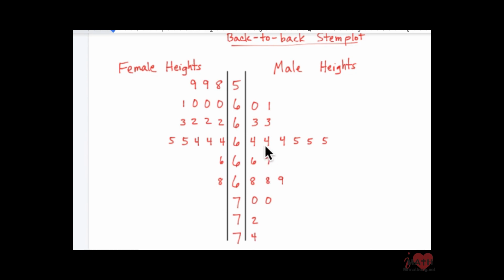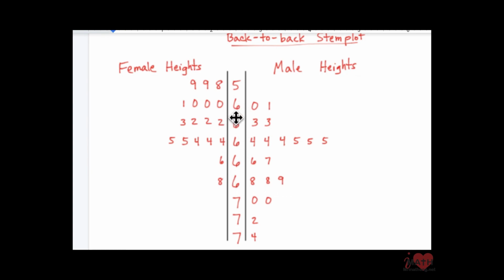So what would happen if you decided to split the stem even further? Okay, what does that mean? So you can choose, if you notice that all the numbers are in the 60s, 0s and 1s, 2s and 3s, 4s and 5s, 6s and 7s, 8s and 9s.